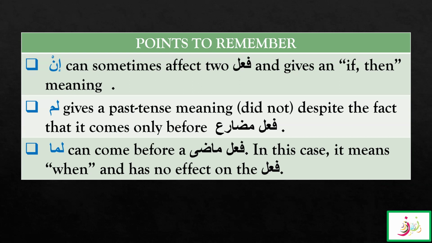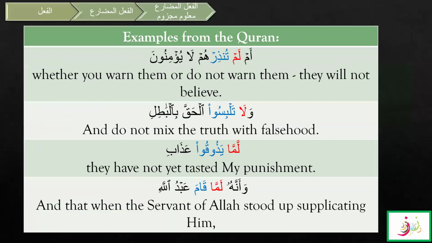Lamma can come with fi'l madi, but it will not affect it or change its form, because we know that fi'l madi is always mabni, and there are three states for that as well. So with lamma, the fi'l madi will have the meaning of "when," and with lam, the fi'l mudari will get the past tense meaning of "did not."